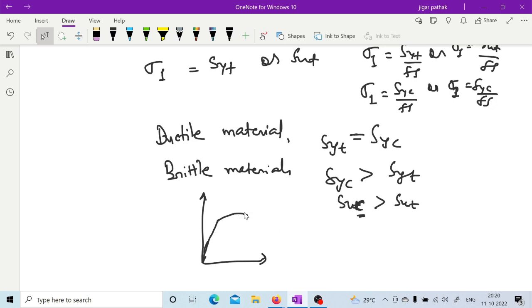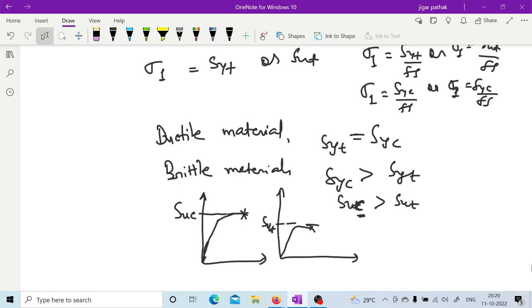If it is breaking under compression at a particular point, then under tension it will be even less, like this. So this is higher than this one for brittle material. Compression is higher than tension for brittle material. Is it okay?